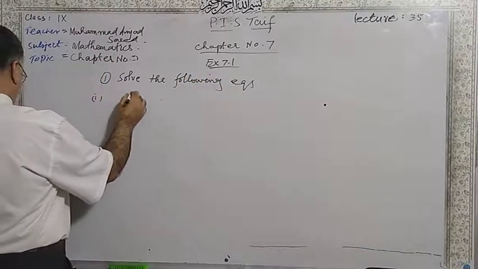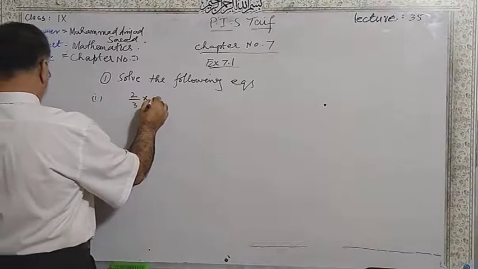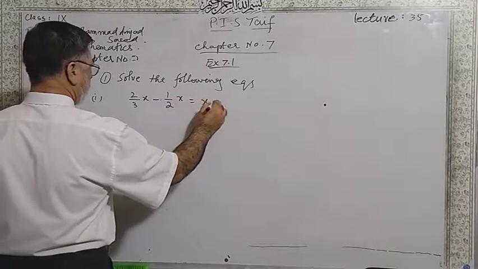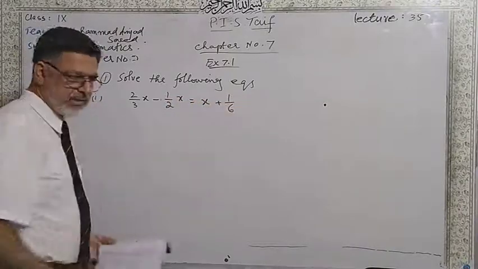Number 1 is 2 over 3 x minus 1 over 2 x is equal to x plus 1 over 6.